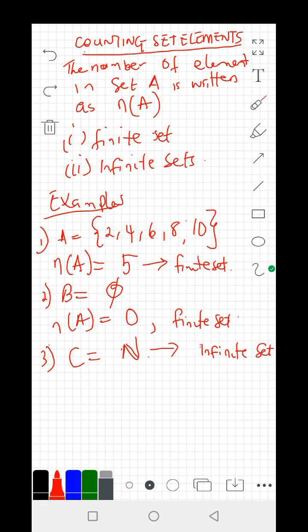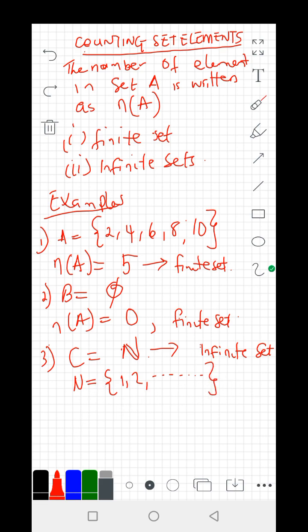Reason being that you can't exhaustively count the set of all natural or counting numbers. Natural or counting numbers is a set from 1 down till infinity. So you can't count it.